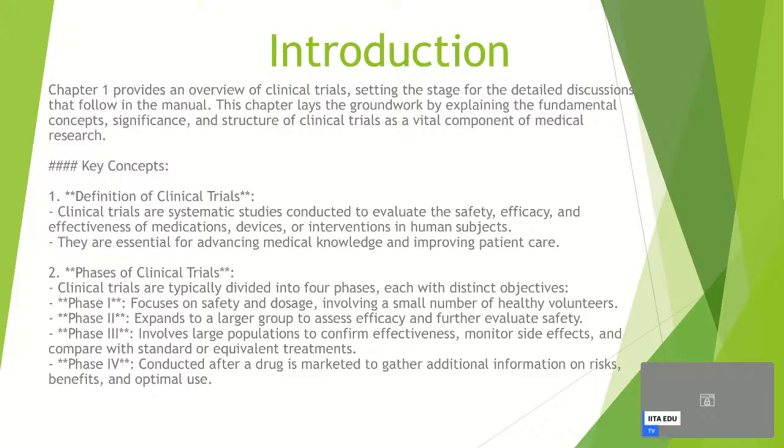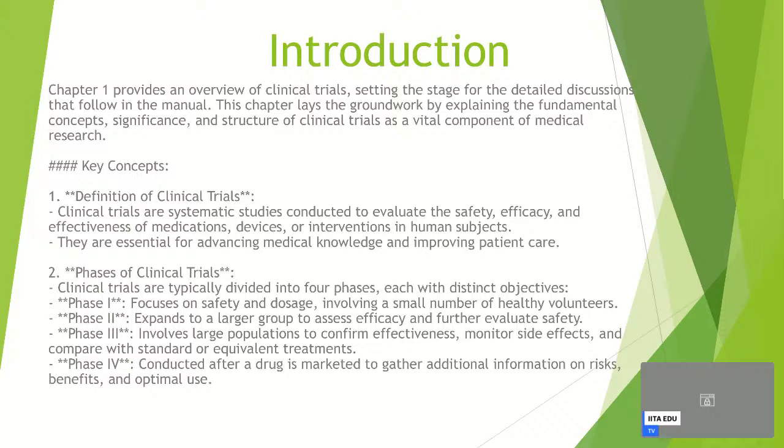Key concept 2, phases of clinical trials. Clinical trials are typically divided into 4 phases, each with distinct objectives. Phase 1 focuses on safety and dosage, involving a small number of healthy volunteers, so about 10 to 20.